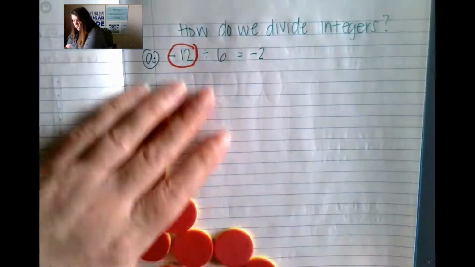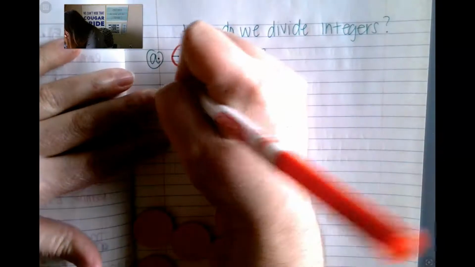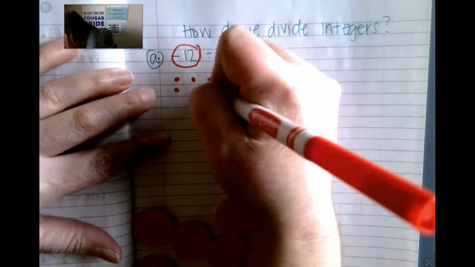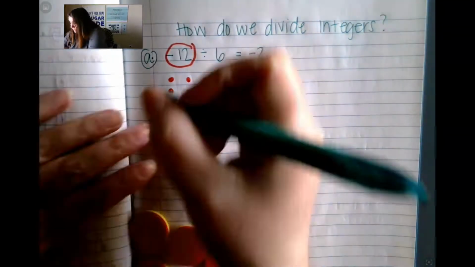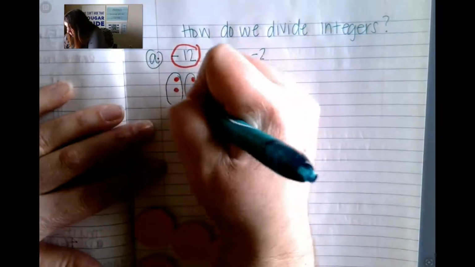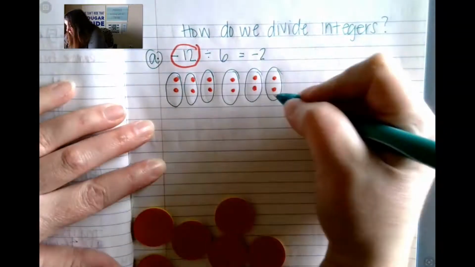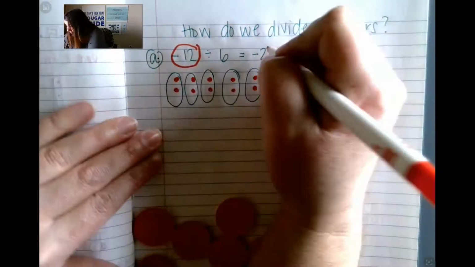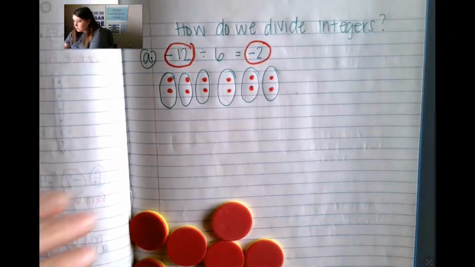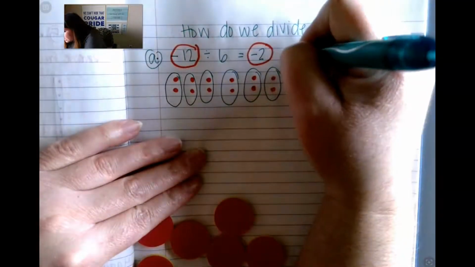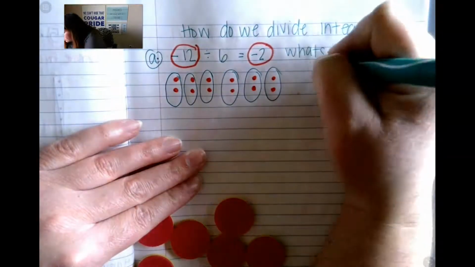If I were to draw this out for you, I had 12 chips, and then I split my 12 chips into 6 equal groups, and within those groups I have -2 because each one is red. So I split it into equal groups of 2. A question I could ask myself is, what's in each group?